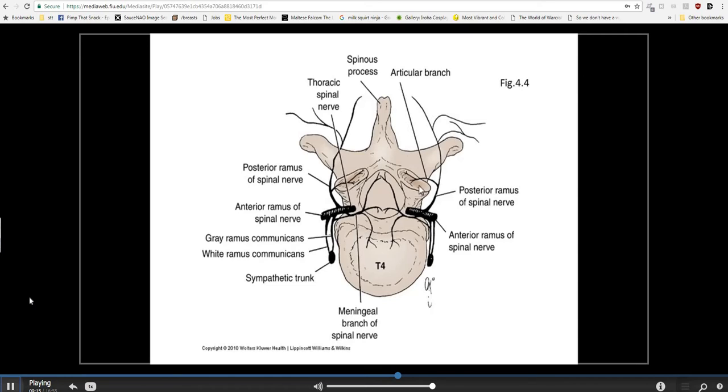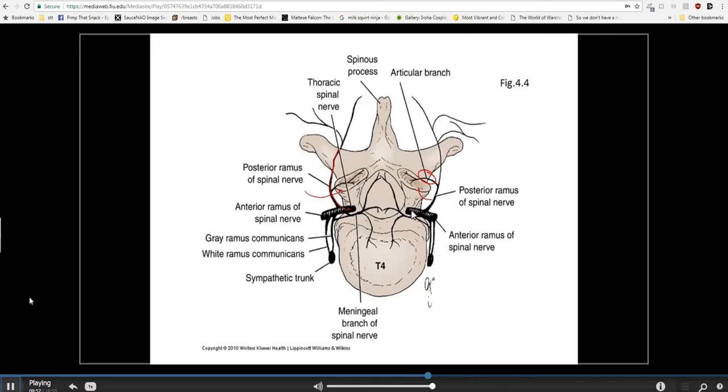So notice, in the previous discussion of the formation of a spinal nerve, here's your spinal nerve, then you have your dorsal ramus, and the dorsal ramus is going to give rise to a small branch, the articular branch, and this nerve is going to innervate, more so for sensory information, picking up sensory information here in the articular facet. Okay, here and here. Then again the anterior ramus.